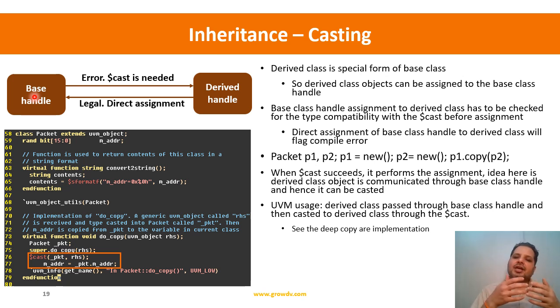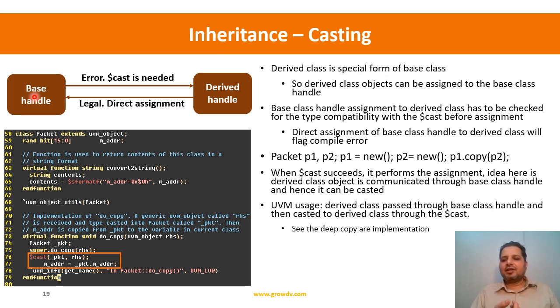But when the communication happens between two components in the base implementation, and somebody is taking that base implementation and doing additional enhancement, within the base implementation, when you are passing an object from one component to another, you are going to be passing a base class object. But when the functionality gets enhanced, you want to be able to pass derived class object handles, but the code to pass those handles is already written.